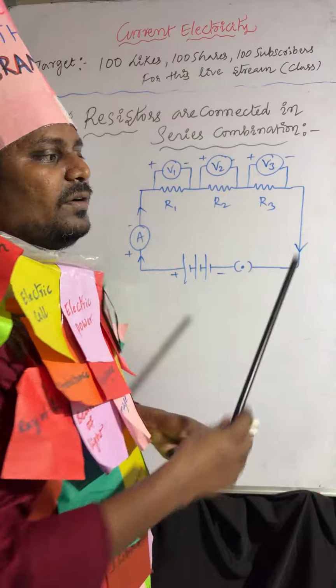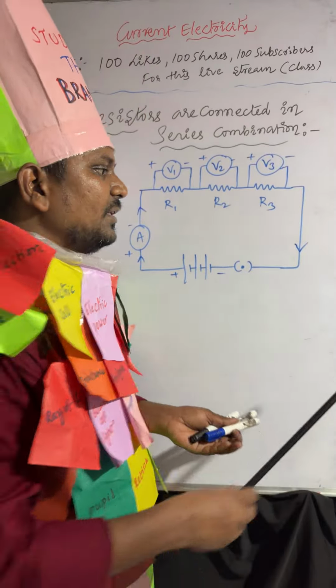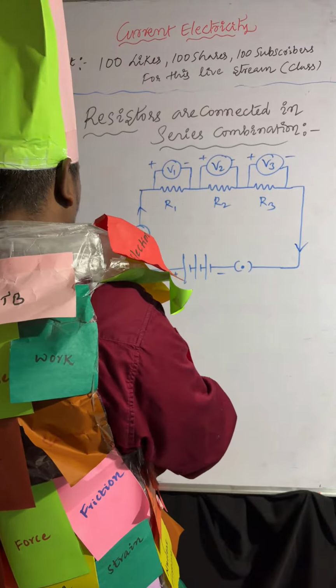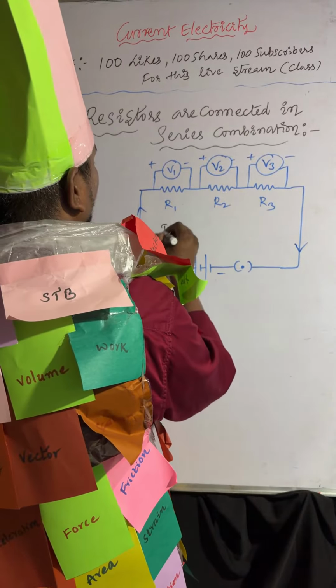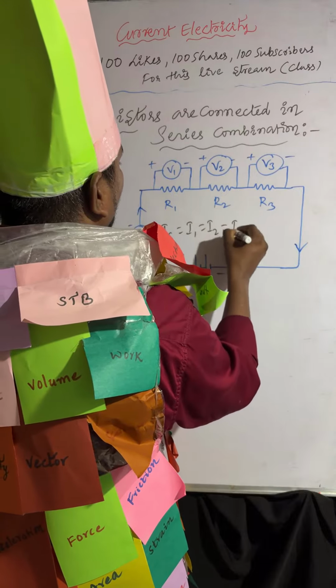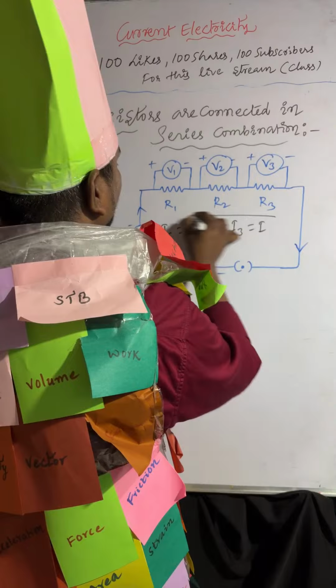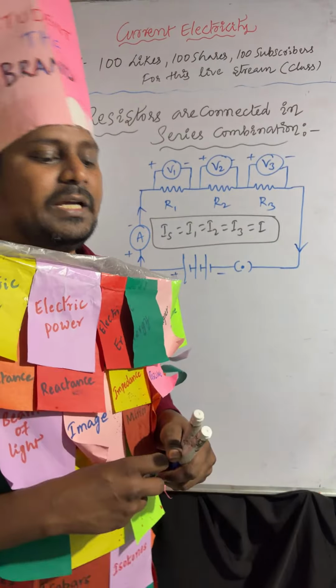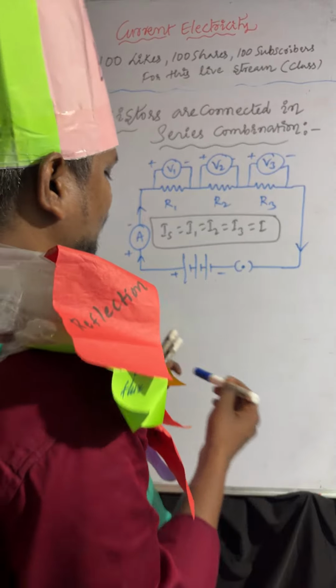Now throughout the circuit the current is the same. That is nothing but IS equal to I1 equal to I2 equal to I3 equal to I. Understood or not?